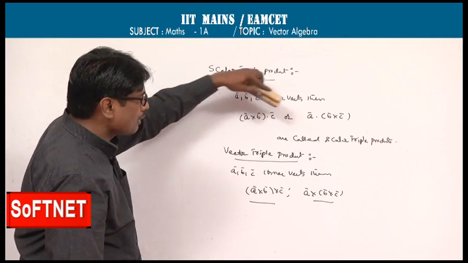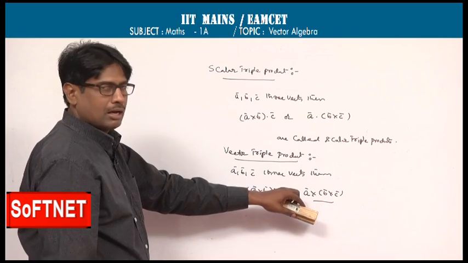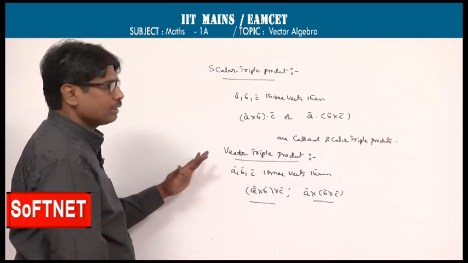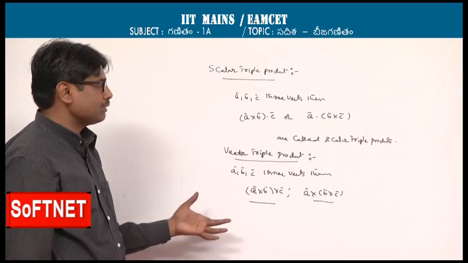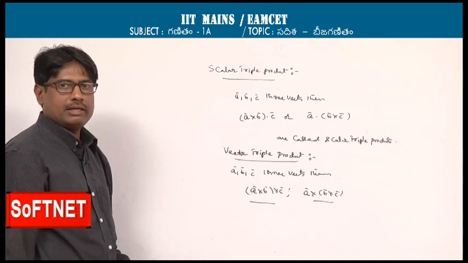The first two products will be the scalar triple product and the next two products will be the vector triple product.